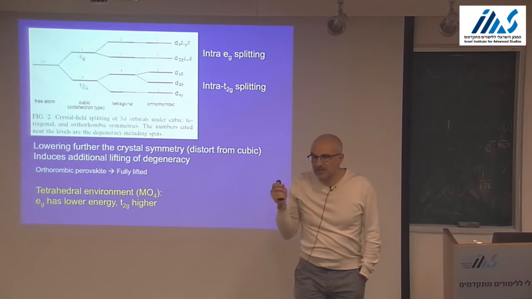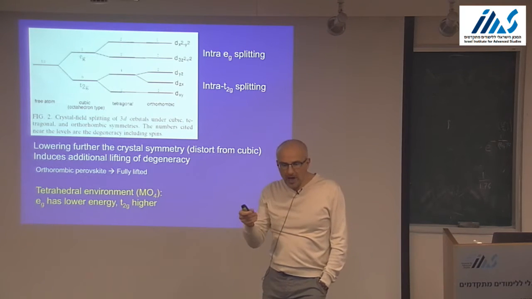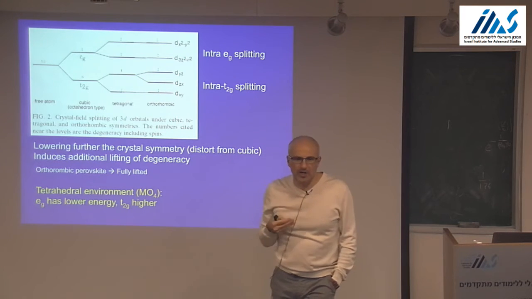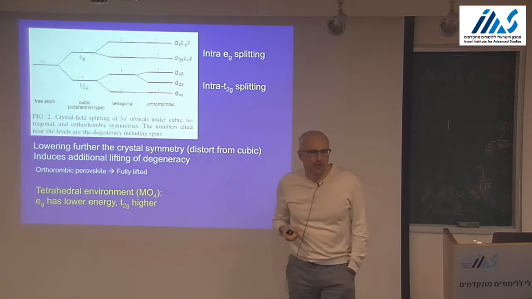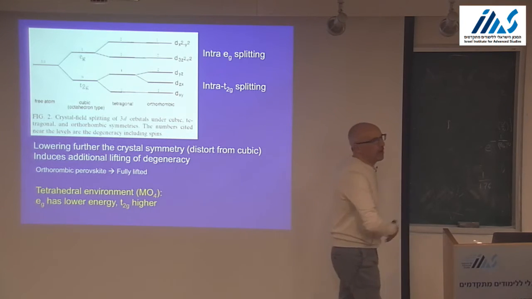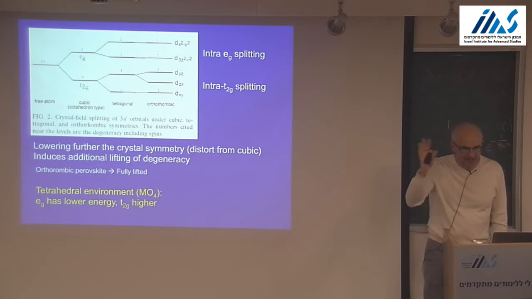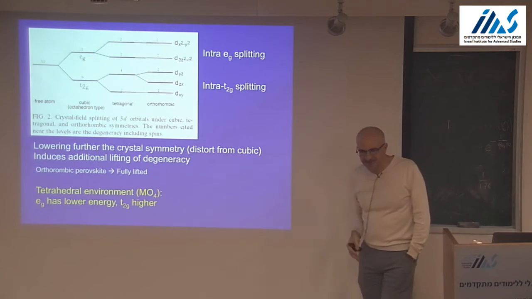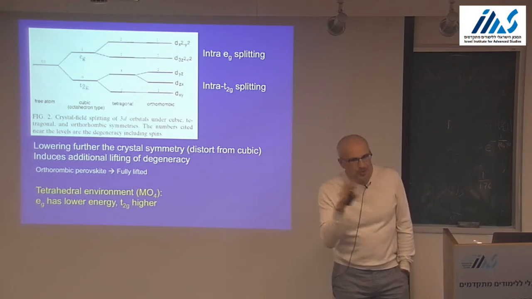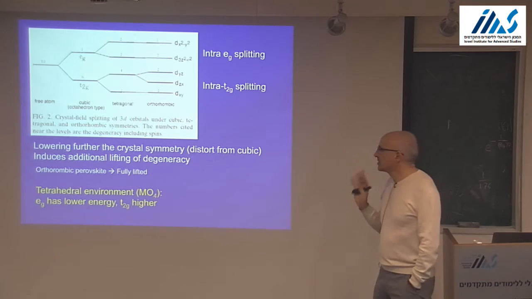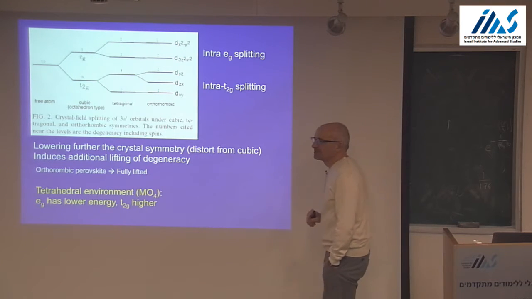So the one-band description applies especially well to cuprates, but is not likely to apply to essentially all the oxides that we know, with exceptions, like the iridates for subtle reasons.